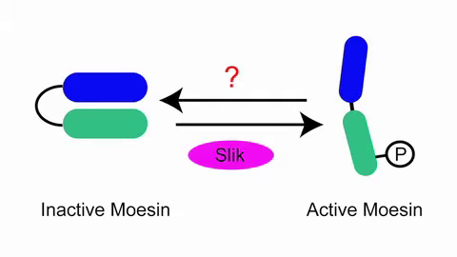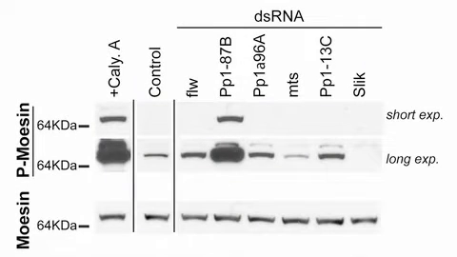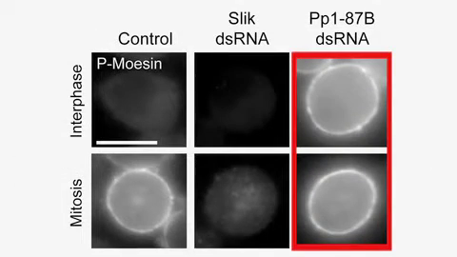Roubinet et al. decided to look for a phosphatase that might oppose the activation of Moesin by the SLIC kinase. Here we took advantage of Drosophila cells where the genome is less complex. We knocked down every catalytic subunit of phosphatases, and we found that only one catalytic subunit, when depleted, led to overactivation, overphosphorylation of Moesin.